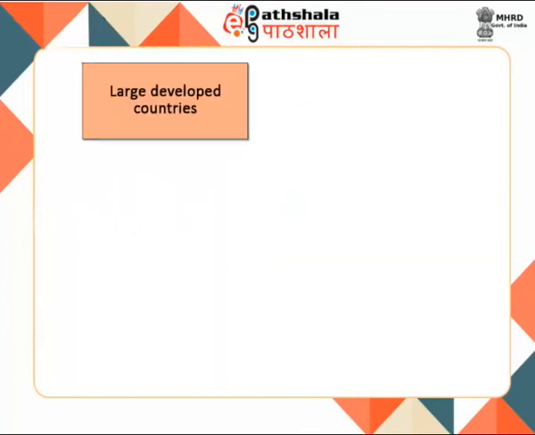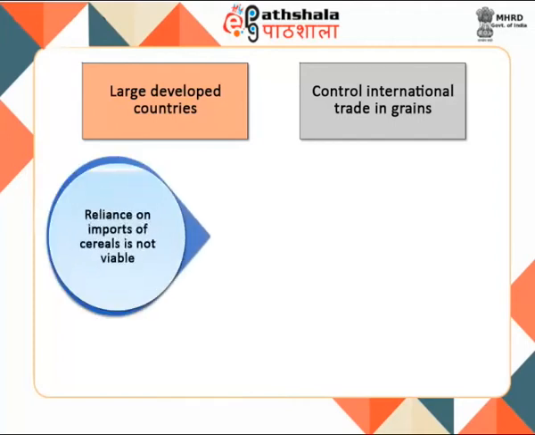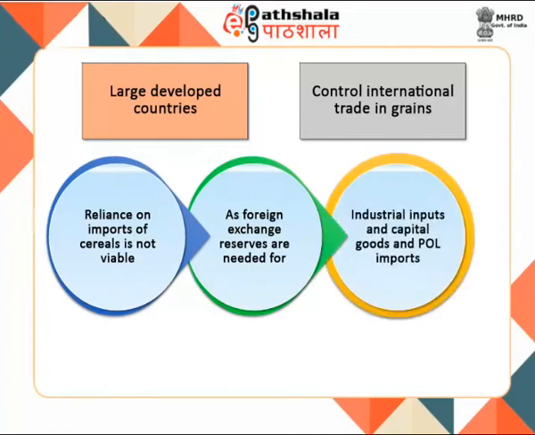It is the large developed countries which control international trade in grains. The open ended policy is justified because of the uncertainty of demand supply imbalances in the future. Reliance on imports of cereals is not viable given the foreign exchange reserves are needed for industrial inputs and capital goods and POL imports.